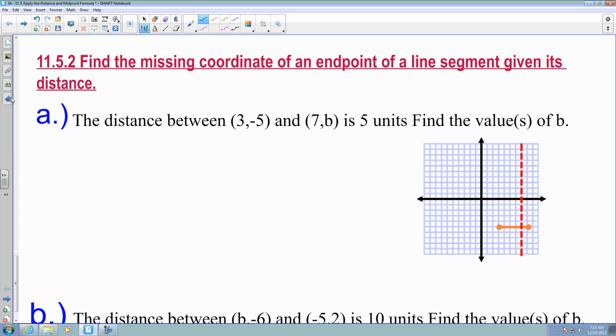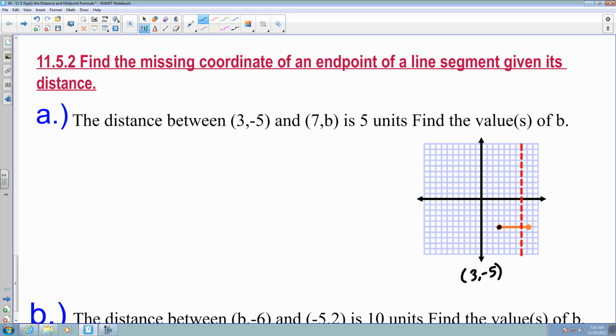All right, so we want to find the distance between, for example, 3 comma negative 5 and 7 comma B, which we don't know what B is, but what we do know is that the distance of this line is 5 units, and we want to find the values of B. So right here, where I'm highlighting, is coordinate 3 comma negative 5.